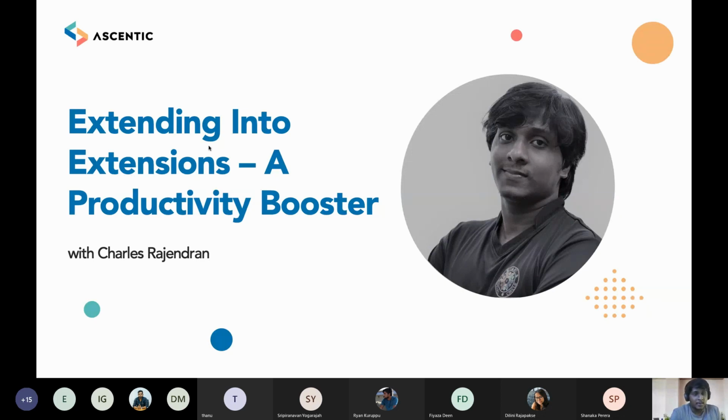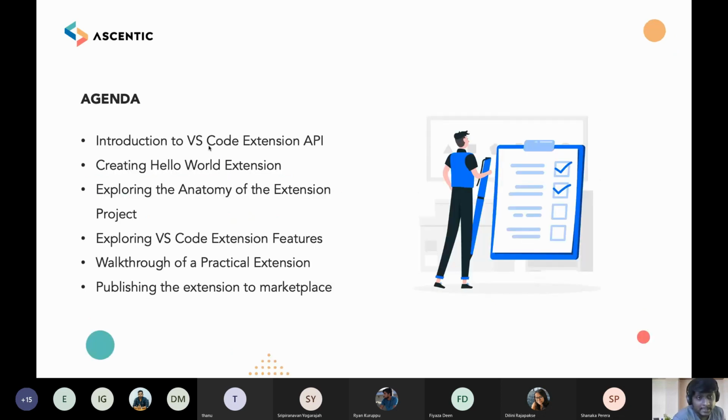All right, so let's dive into the agenda. These are the agendas for the topic today. First of all, we will start digging into what the VS Code extension API is. Then we will create a Hello World extension. And then we will dive deep into the created Hello World extension, and we will understand what each and every file does and each and every configuration means.